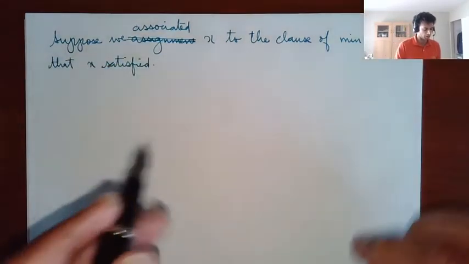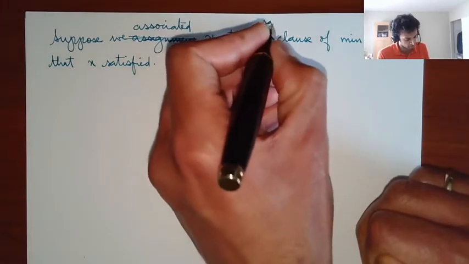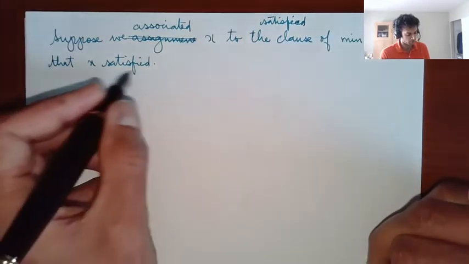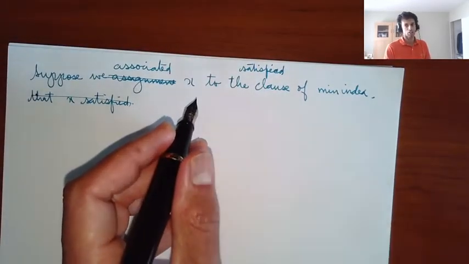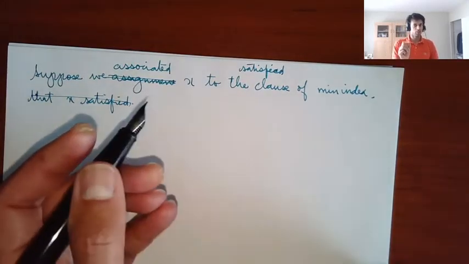Sorry, poorly written on my part. I meant we associated x to the satisfied clause of minimum index. What this means is I look at all the clauses that x satisfies, but I associate it to the one of minimum index.